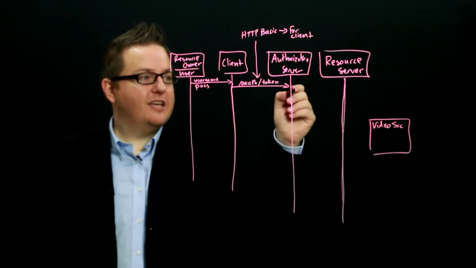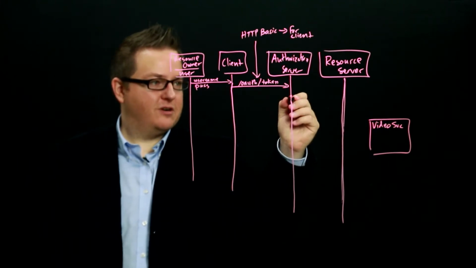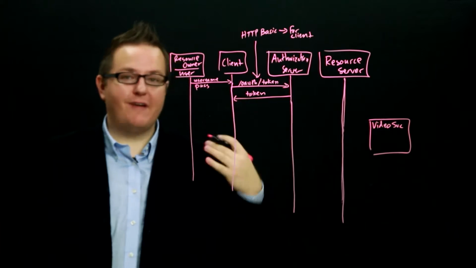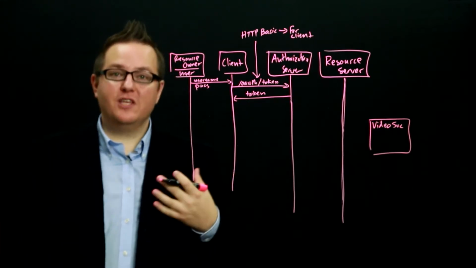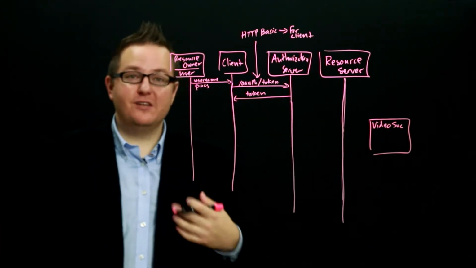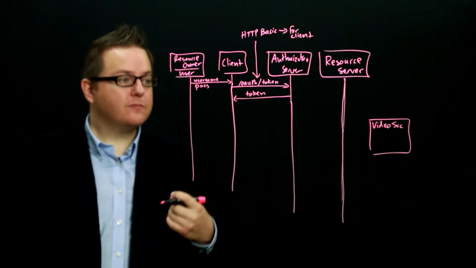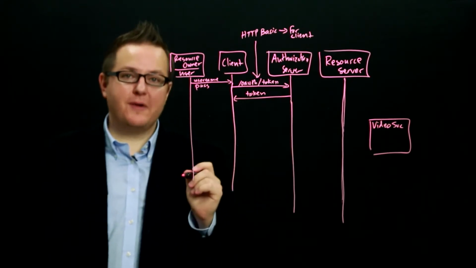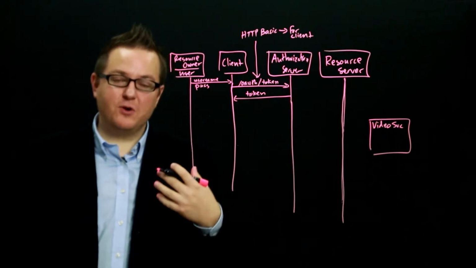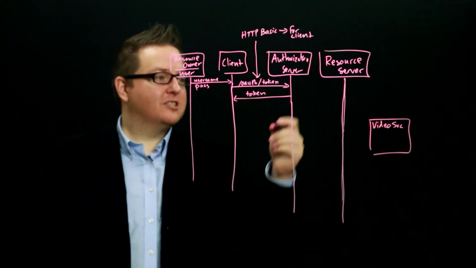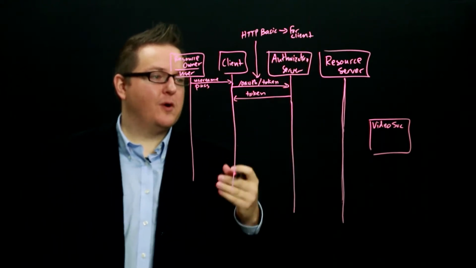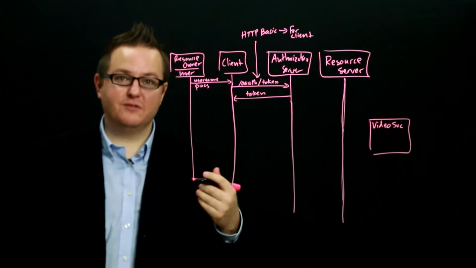Once we send the request to the authorization server and get back the token that we are going to use as our valet key, we can try to get access to the video service that we've created. The way we do this is, after we've gotten a token back, whenever we send a request to the server, Spring is going to have a filter that first looks at the request and checks for the presence of a token.